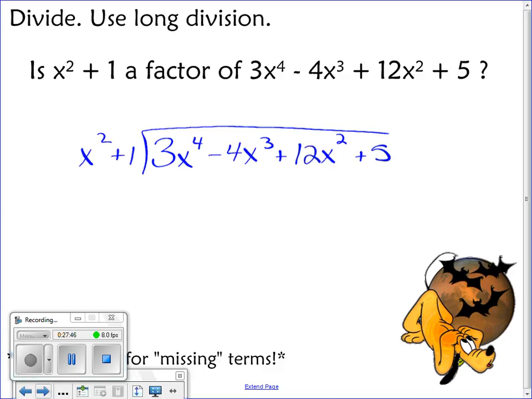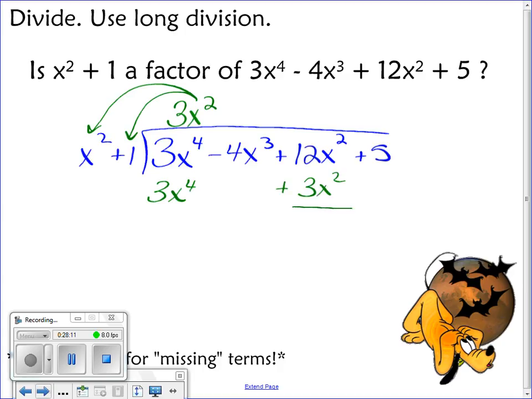So what do you multiply x squared by to get 3x to the 4th? 3x squared. And we multiply 3x squared times x squared. 3x squared times 1 is 3x squared. Now notice, before I even write it down, do you notice if I put it here, it doesn't line up? I may write it over here.